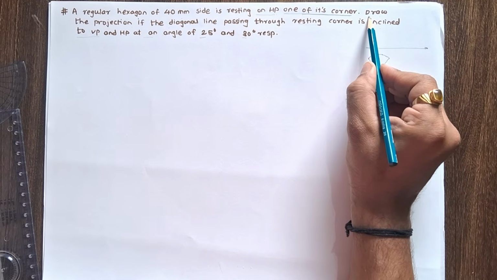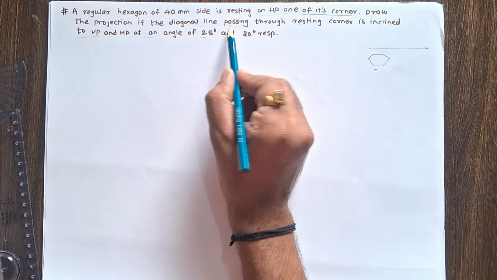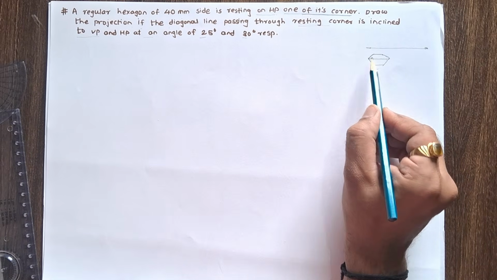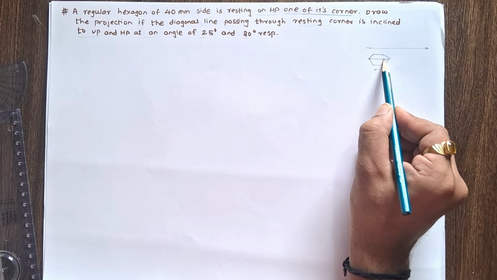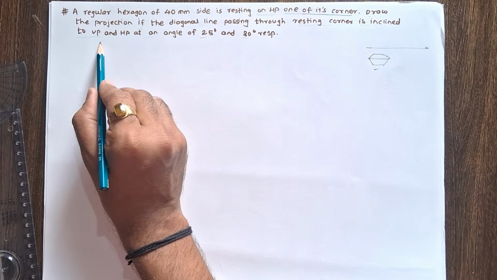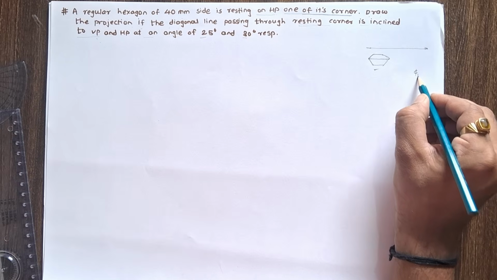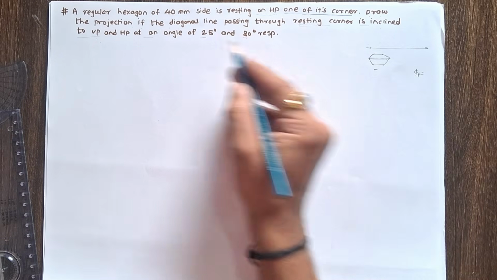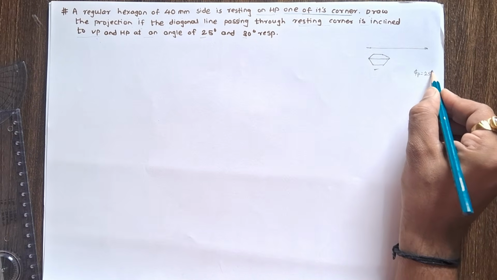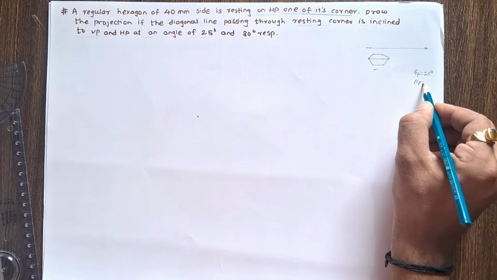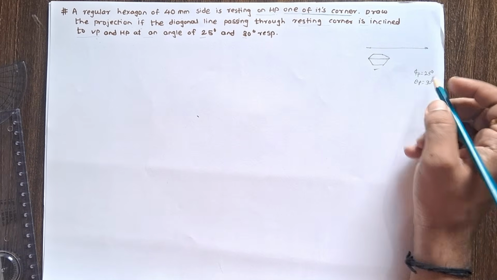Now the next sentence, draw the projection if the diagonal line, this is the diagonal line passing through the resting corner, this is the resting corner and this is the diagonal, is inclined to VP. Angle made with VP is phi plane angle, it is 25 degree, and the HP angle is theta plane angle, it is 30 degree respectively.